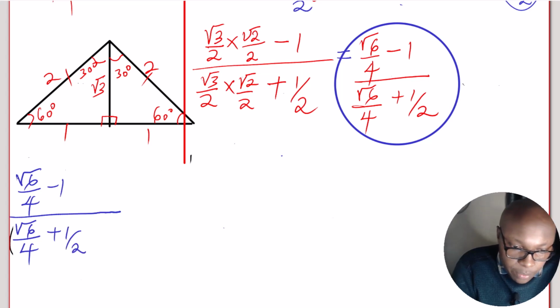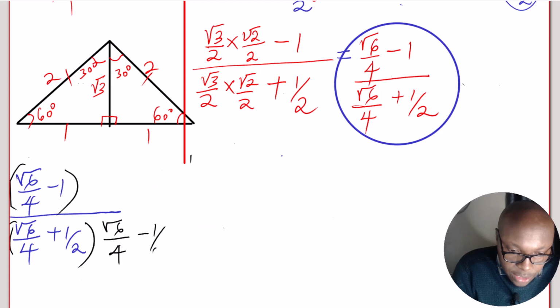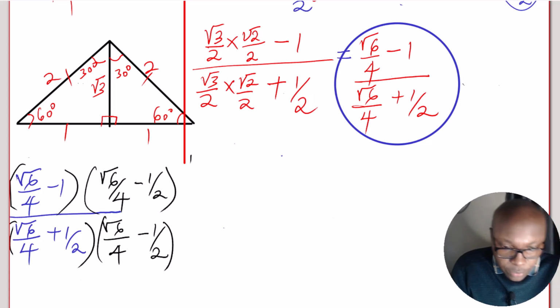You multiply both the numerator and the denominator by the conjugate of the denominator, and the conjugate of the denominator is root 6 divided by 4, subtract a half. So the same to these, root 6 divided by 4, subtract a half. So that is what I mean.